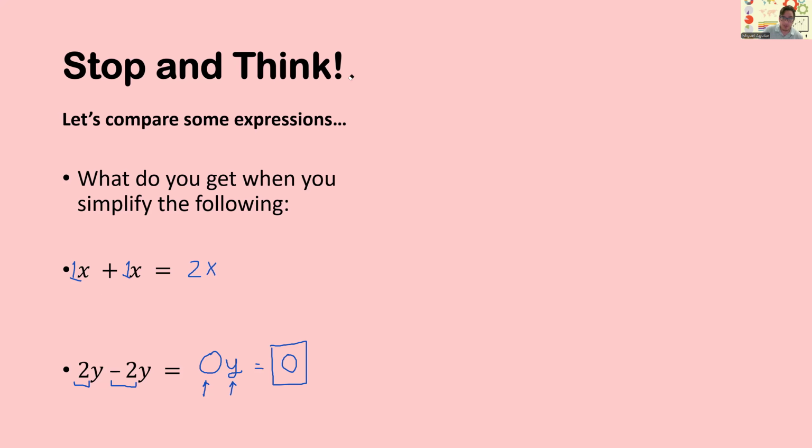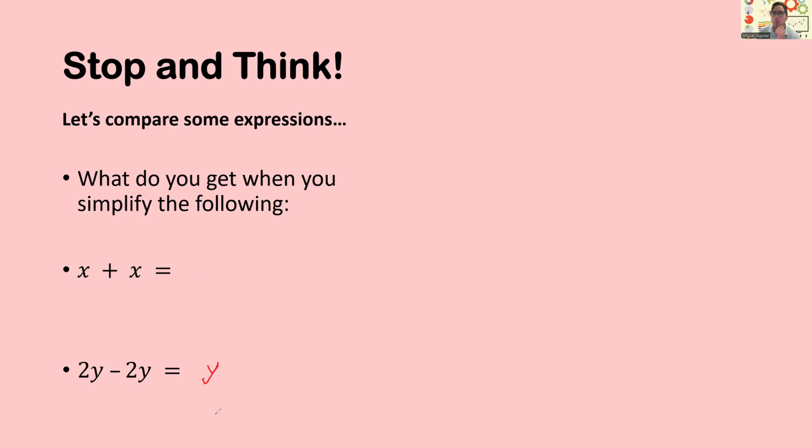Got it. Okay. Now, I do want to clarify here because some people think, oh, 2 minus 2 is 0, and then you have a y left over. So why isn't the answer just y? So for a moment, let's just erase this here. Let's say that you put y as your answer here.